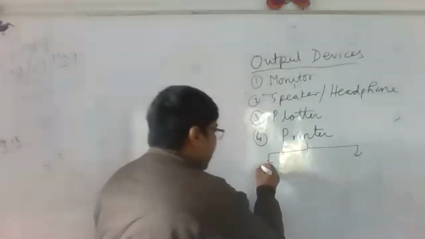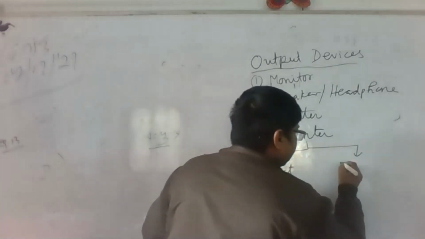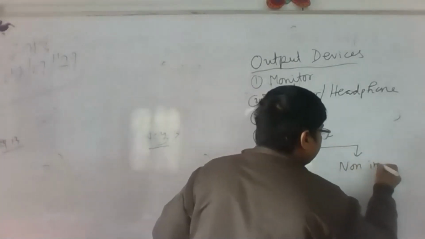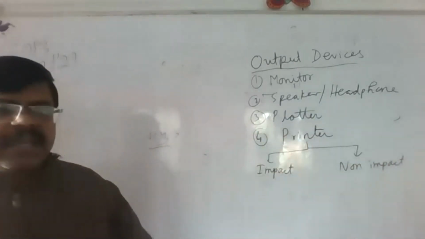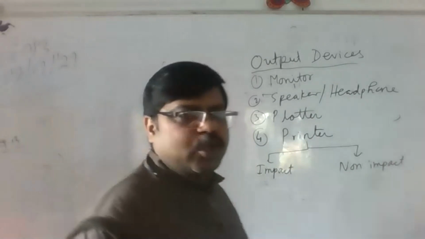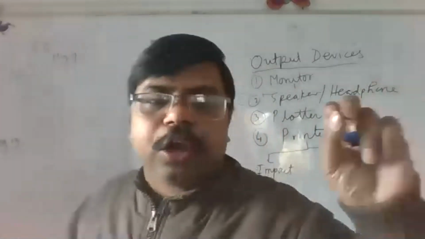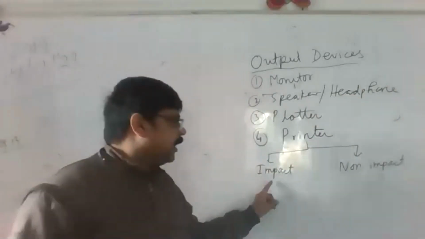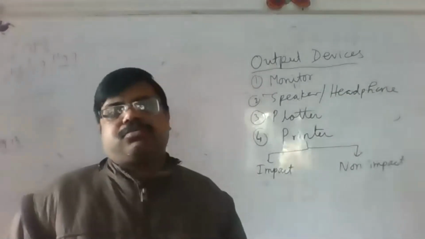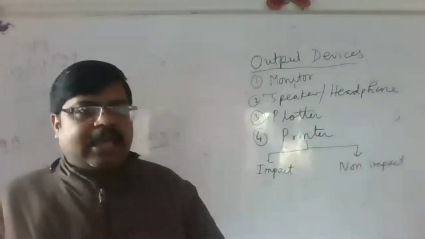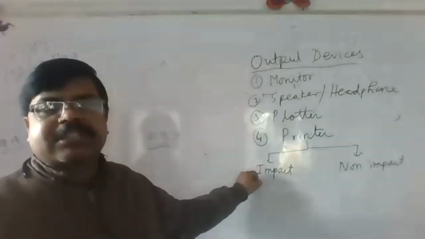But when I'm dividing this printer, then it will be of two parts. One you can say is the impact printer, and another one will be the non-impact printer. Now you will understand whether the printer I am using is an impact printer or non-impact printer. When you print, you will get sound, noise coming from the printer, that will be in this part.